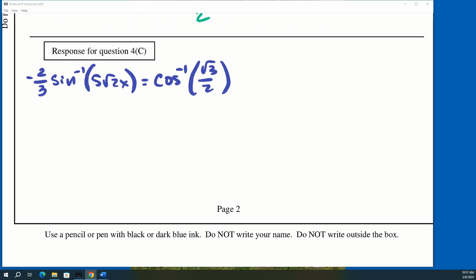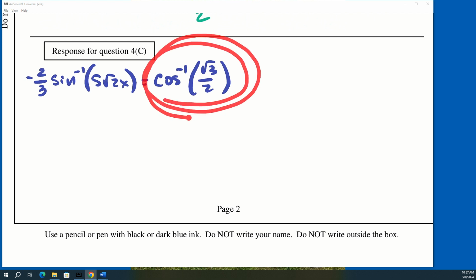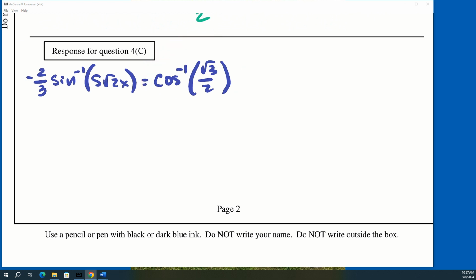Now, we definitely practiced these when we were taking the test on it. It's been a little while, so I'm not sure what you guys remember. But we want to start on the side that doesn't have an x. So we want to find the arc cosine, or the inverse cosine, of the square root of 3/2, which is just going to be the angle that has that cosine.